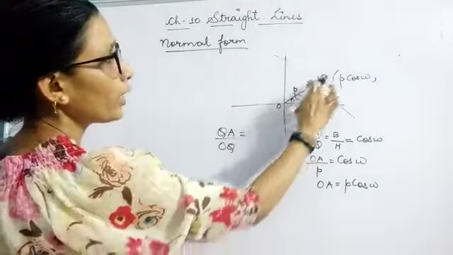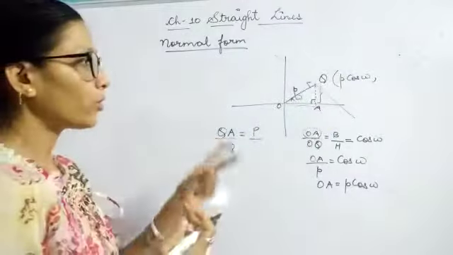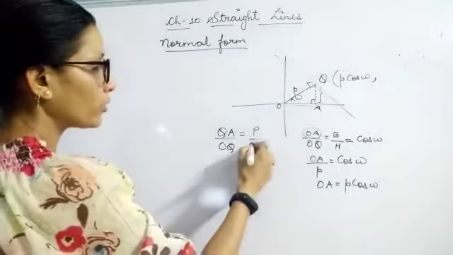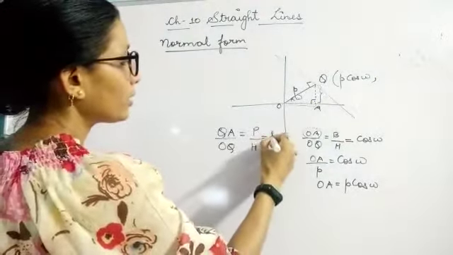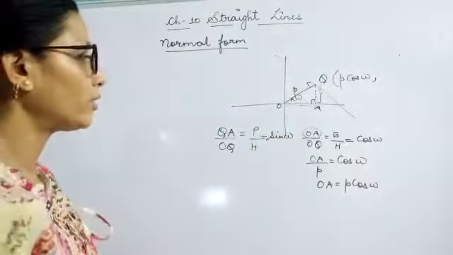QA is the perpendicular because it is opposite to your omega, and opposite to 90 degrees is your hypotenuse. And you know P by H is simply sine omega. Since you have taken the angle as omega, that's why I am writing omega here.